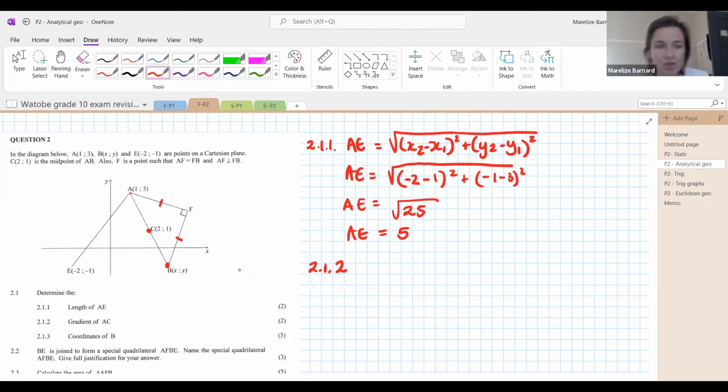Change in y over change in x. Pop your answer in the chat when you have your gradient for AC.